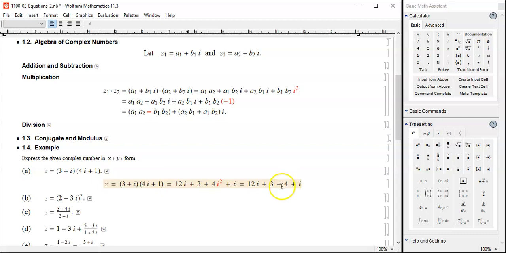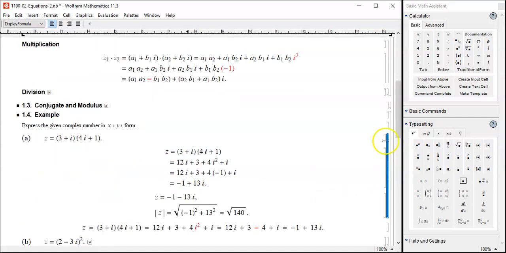So i squared does a sign change. Okay, we're almost there. Take the like terms together. 3 minus 4 is -1. 12i plus i is 13i. So we have the answer, -1 plus 13i, and that must be correct. Yes, indeed.